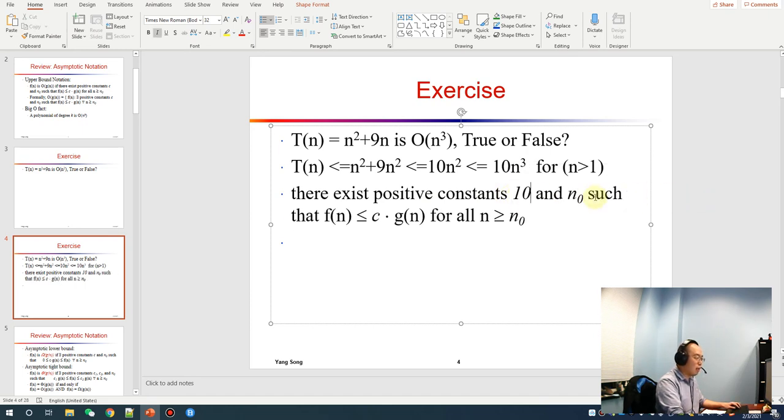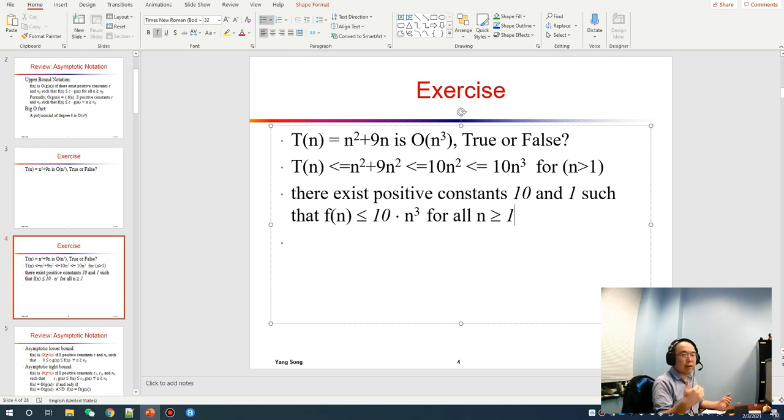And the n0 is 1, such that f(n) is smaller than C g(n). And g(n) will be n cubed, for all n values greater than 1.